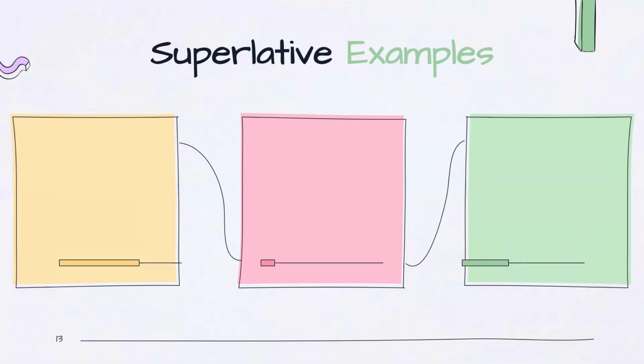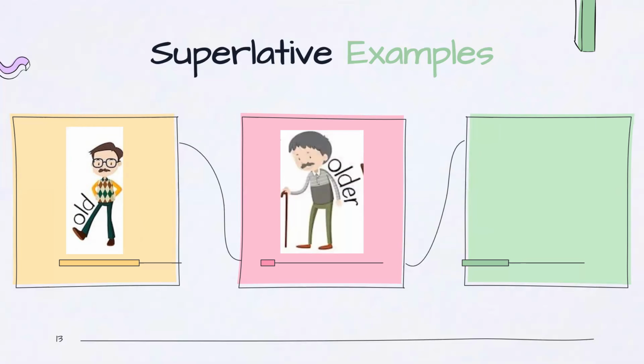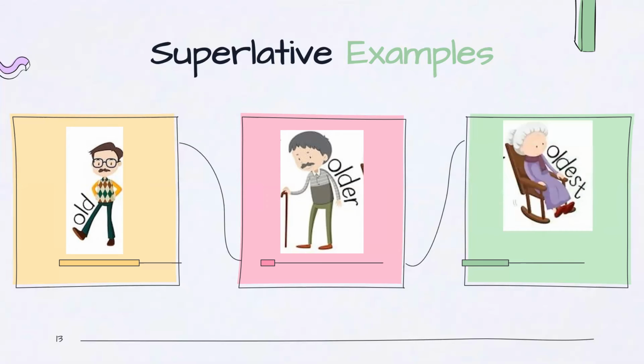The next one is old. I can use it like, my dad is old. In a comparative form, we use older. I can say, my grandfather is older than my dad. But in the superlative form, we use oldest.